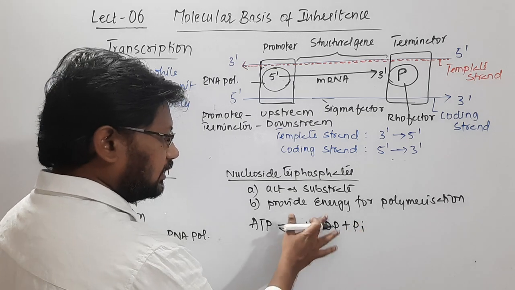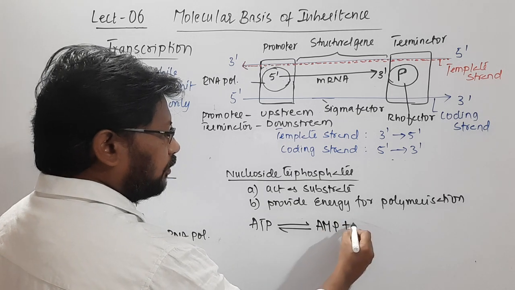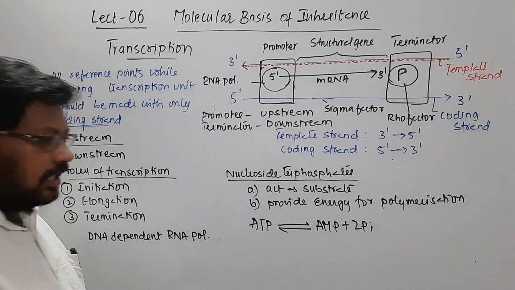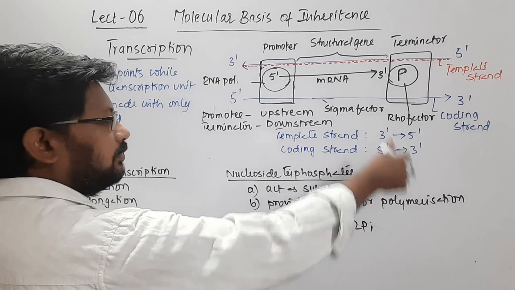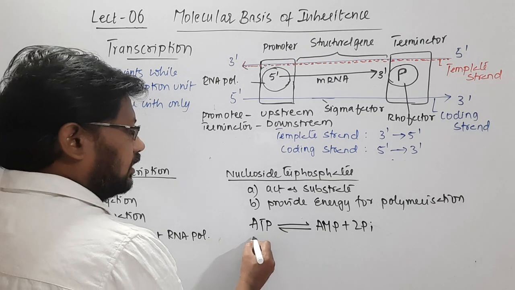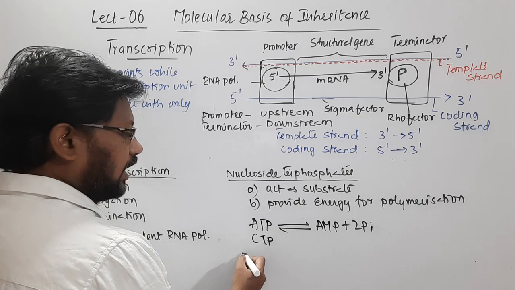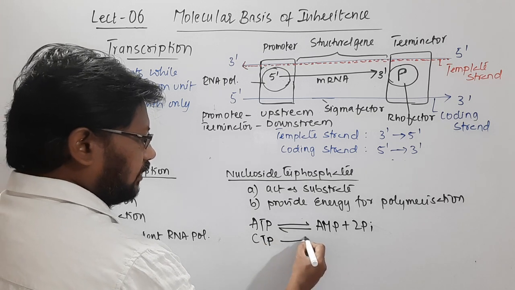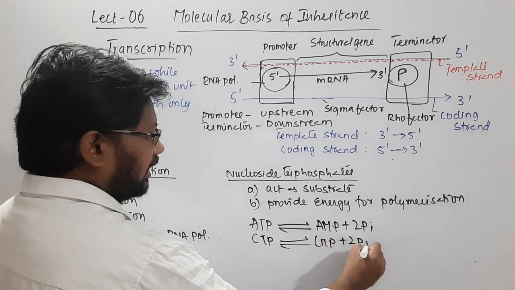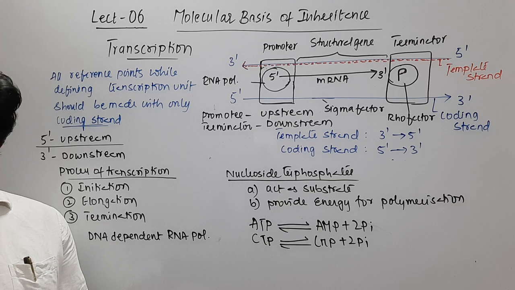Of course, in this case it is going to form adenosine monophosphate and 2Pi, and this releases energy, and that will be used for the polymerization process. In the same way, we'll have CTP, and this will form CMP plus 2Pi, the same as we have seen in case of DNA replication.